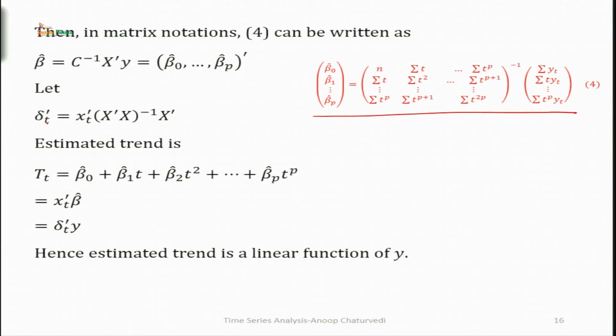Suppose you write delta t transpose equal to x t transpose x transpose x inverse x transpose. Then your estimated trend values, say T t, is equal to beta naught hat plus beta 1 hat t, so on, beta p hat t to the power p. You can write this as x t transpose beta hat.